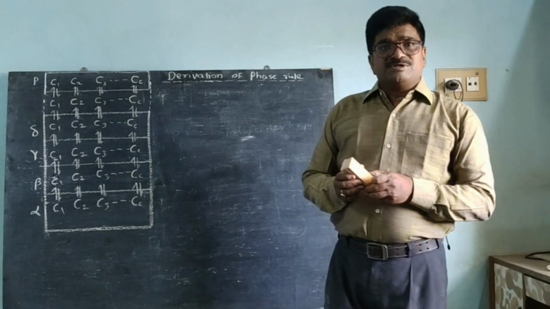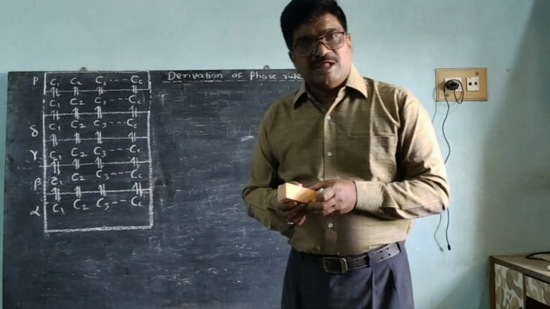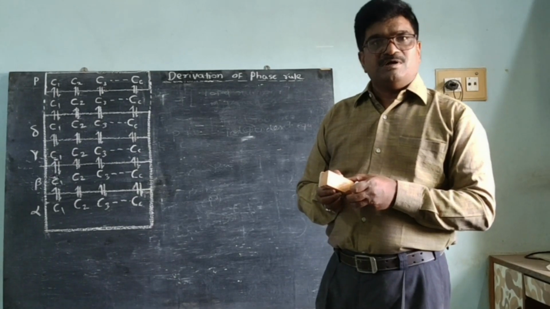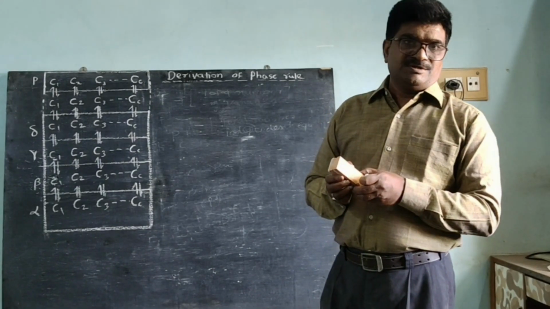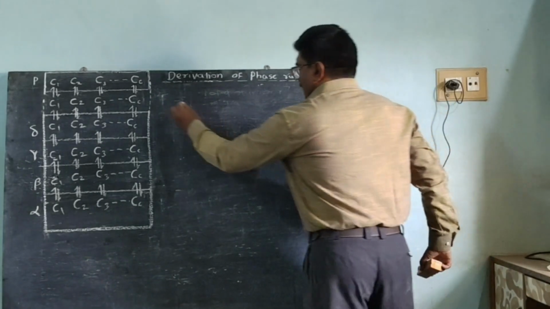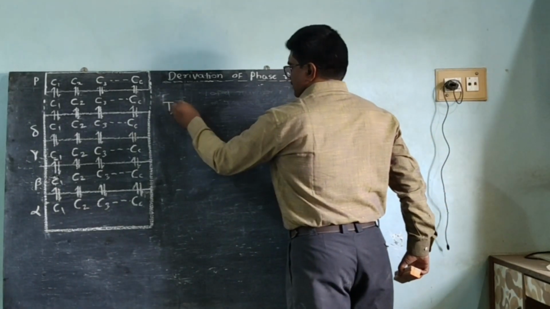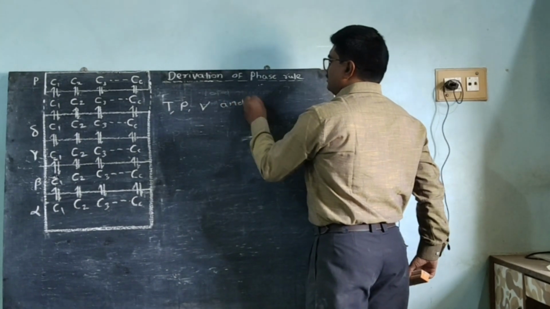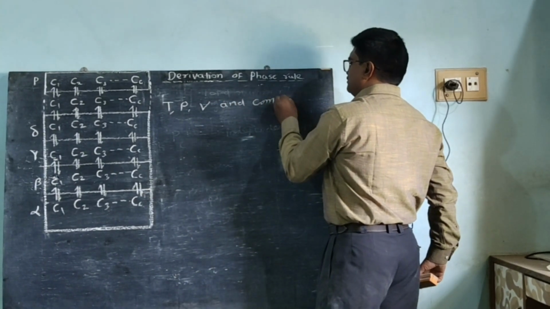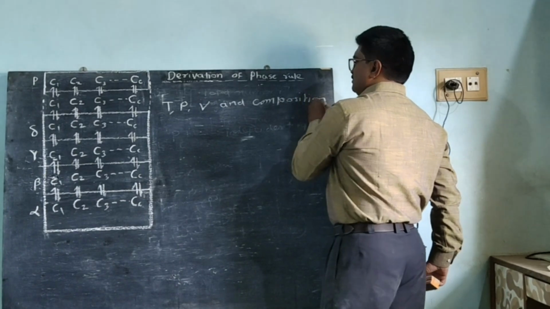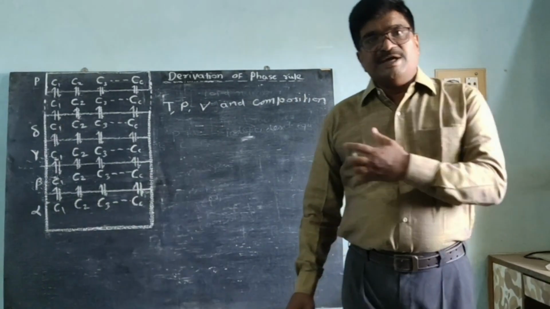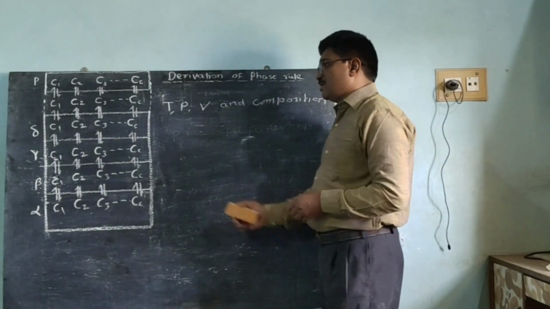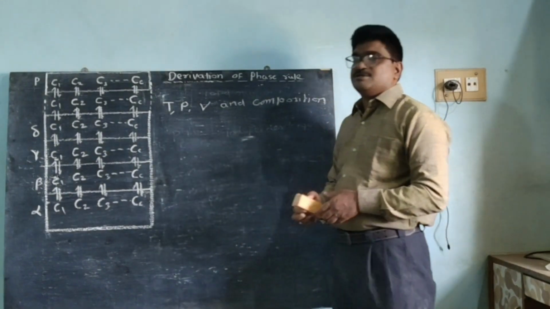Now variables, the thermodynamic variables, that is temperature, pressure, volume and compositions. These are the variables we can consider in a thermochemical system or our chemical heterogeneous systems.